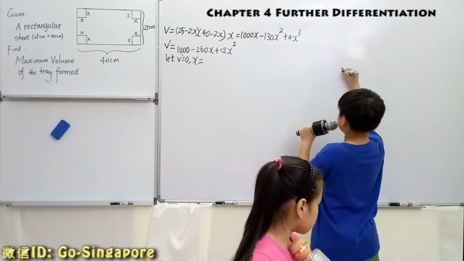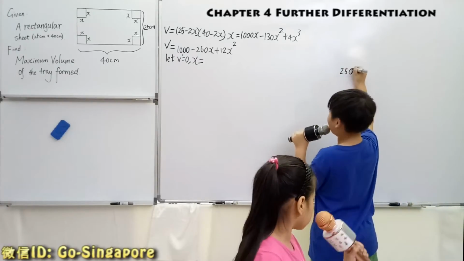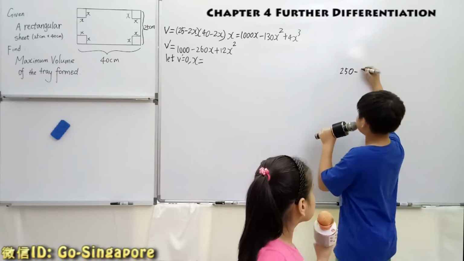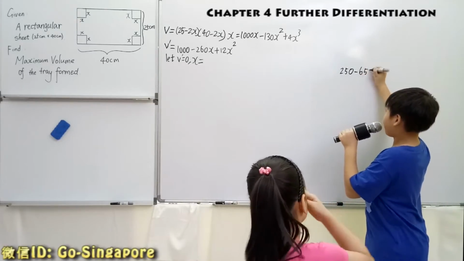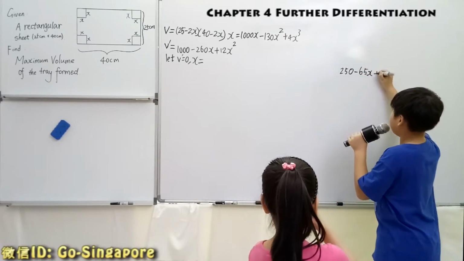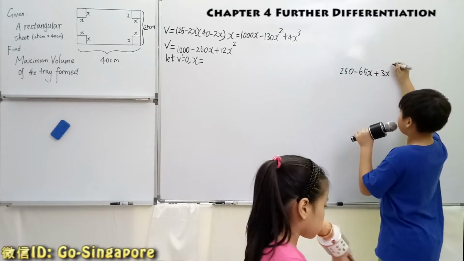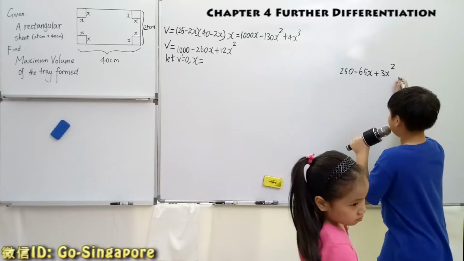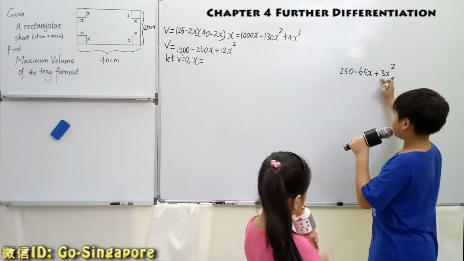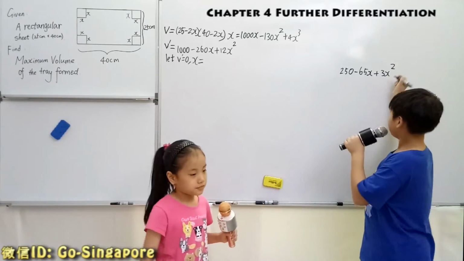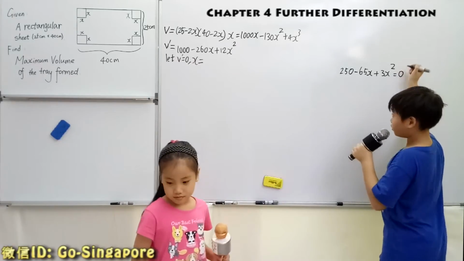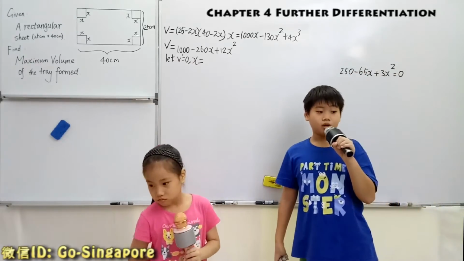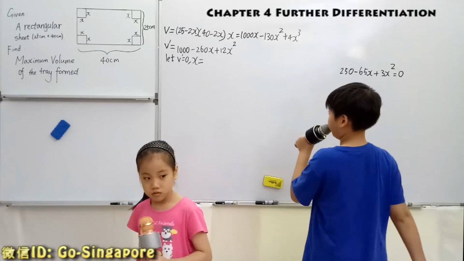Here is 250, then you need to minus 65x, then plus 3x squared, right? So for this we can set it equal to 0.